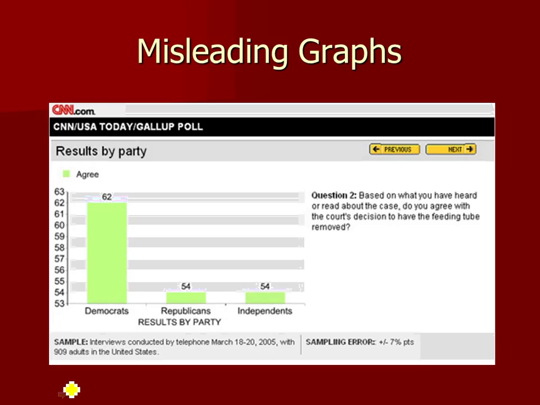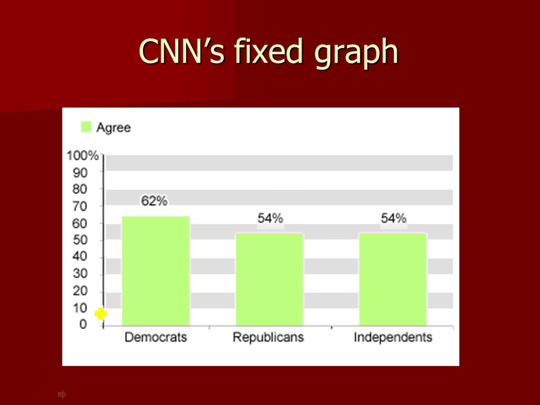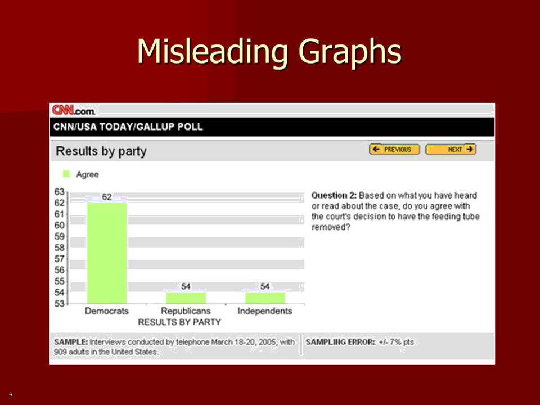Here's another example. I see a huge difference between this poll of Democrats and the poll of Republicans for whatever this question is. Okay, huge difference. However, we notice we start at 53 and go to 62. Instead, if we looked at 0 to 100, there's not that big of a difference. So CNN, that produced this, was very misleading in the way they represented this data.